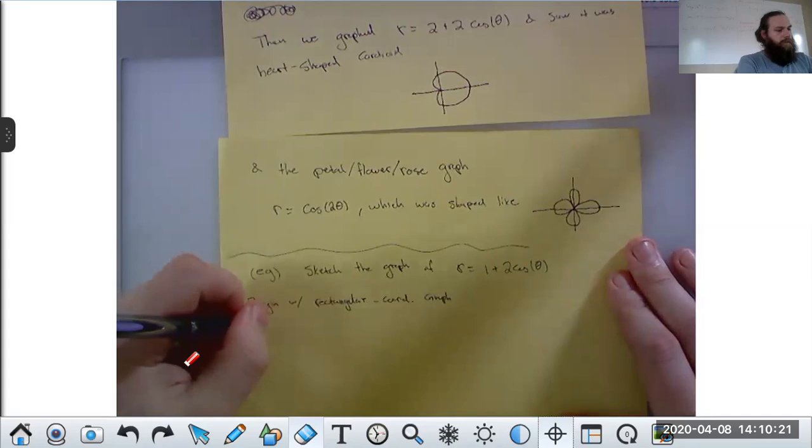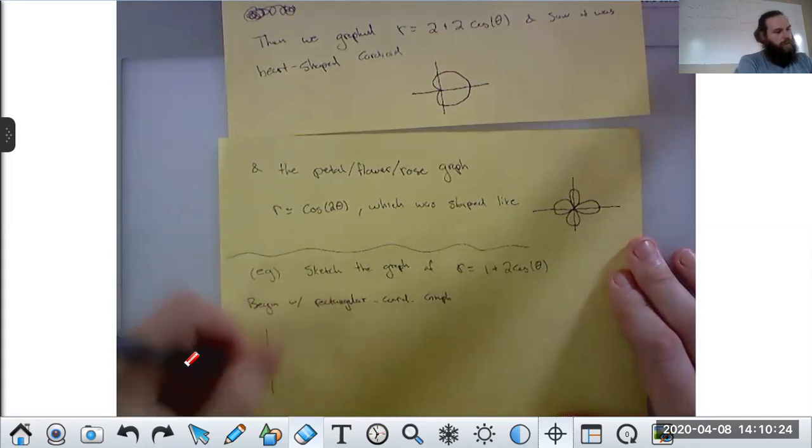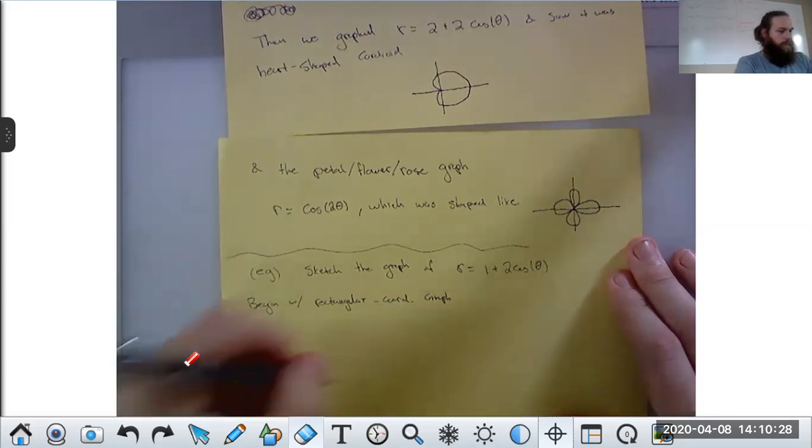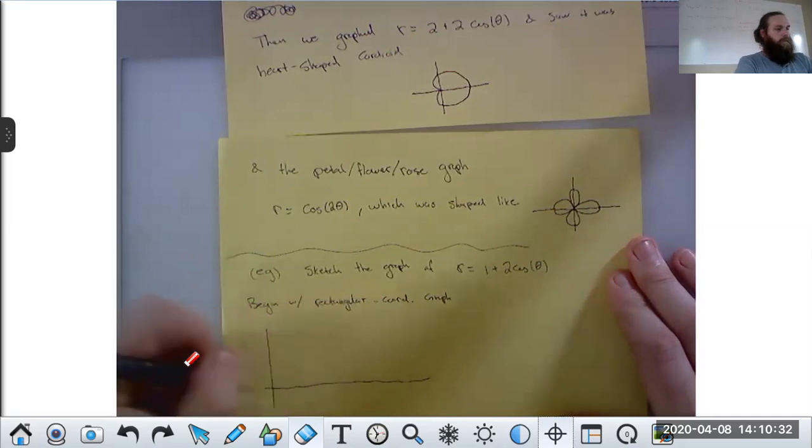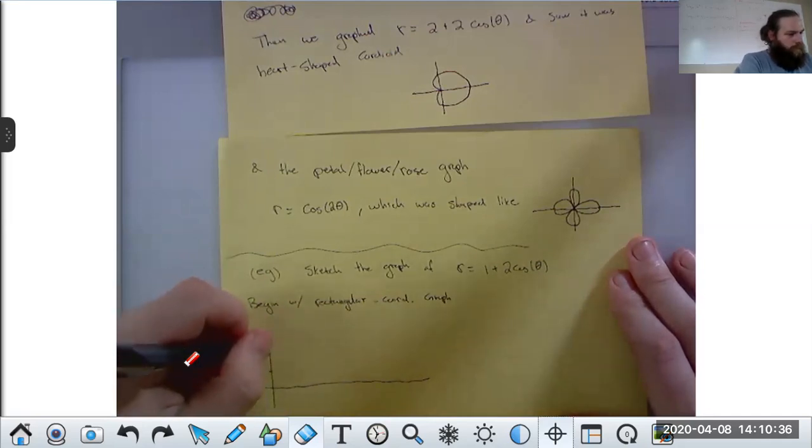So I'll label my axes here. Let's see, what are we going to need? We're going to need a little bit more vertical space in that direction. 1, 2, and 3.